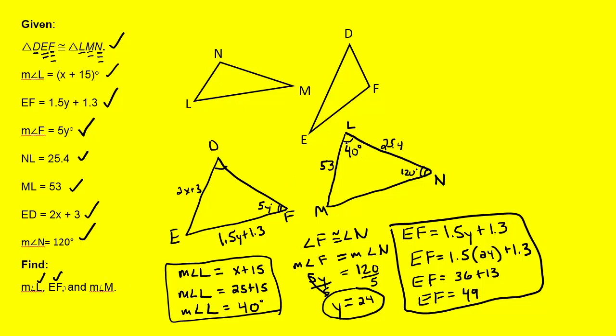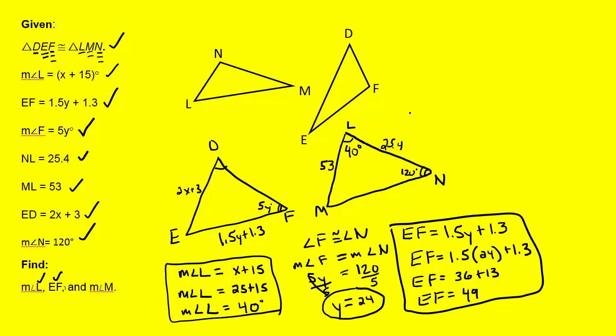Well, there are 3 angles in a triangle, and we have 2 of them. If you have 2 angles, you're able to find the third angle. How? Because you have to recall that the sum of the measures of the angles of a triangle adds up to 180 degrees.